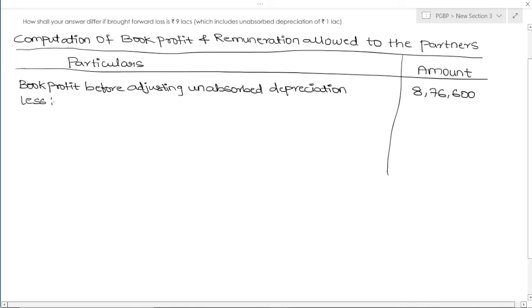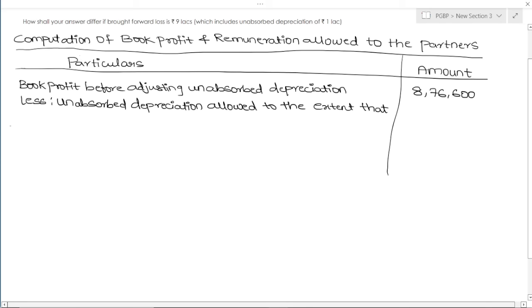Now this language should help you to analyze the part. So less: unabsorbed depreciation allowed to the extent that the remaining book profit is not less than brought forward business losses. That means unabsorbed depreciation is allowed. Okay, 1 lakh is unabsorbed depreciation.